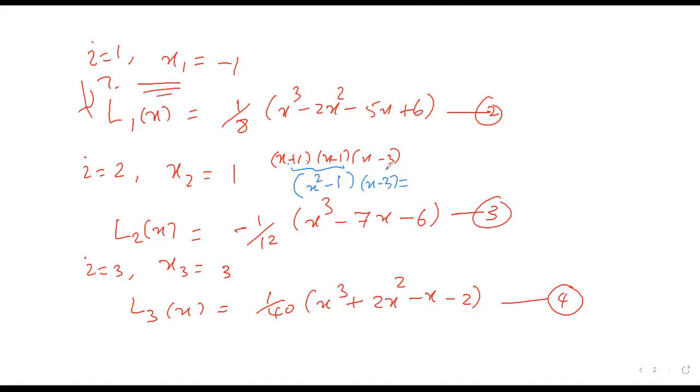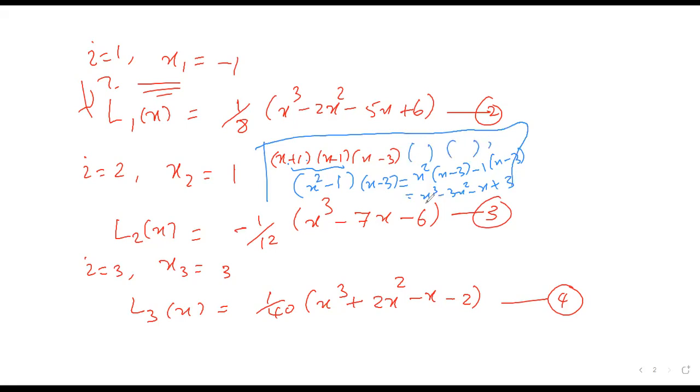It is x squared times x minus 3, minus 1 times x minus 3. This will be x cubed minus 3x squared minus x plus 3. That's all. You have to multiply in this way. Even if it is 4 terms or 5 terms, after getting these 3, you multiply with the other one, and again the answer with the other one. Whatever the polynomial, we have to do it in the same way.